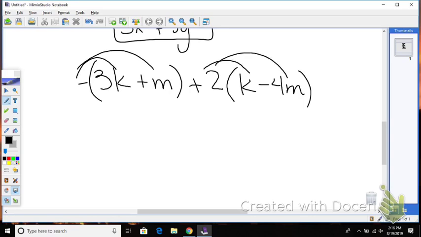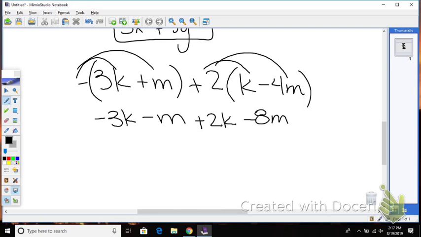Okay, let's distribute. What happens when I distribute this negative? What does this become? Negative 3k, plus negative m, or minus m. Okay, you guys are plus negative people or minus? Both. Okay, either way. Okay, 2 goes into this set, and I have plus 2k and then minus 8m.